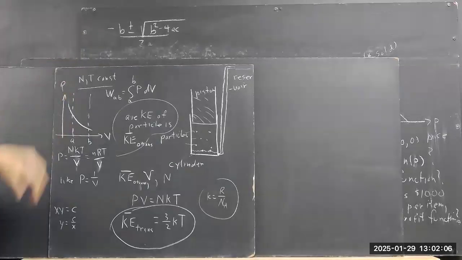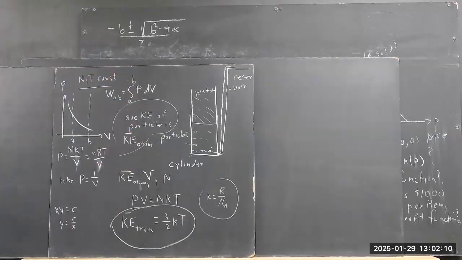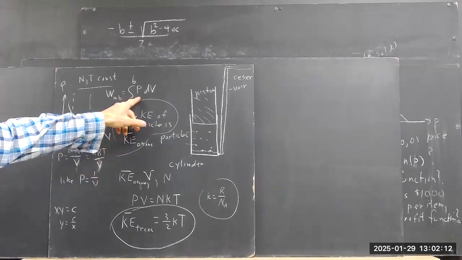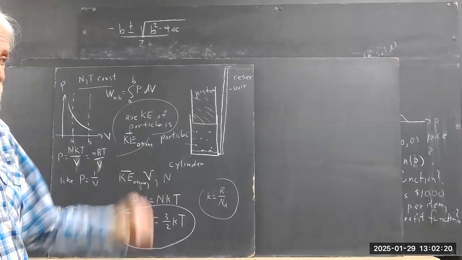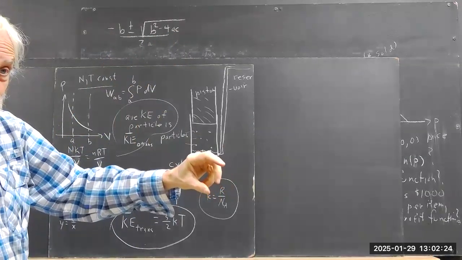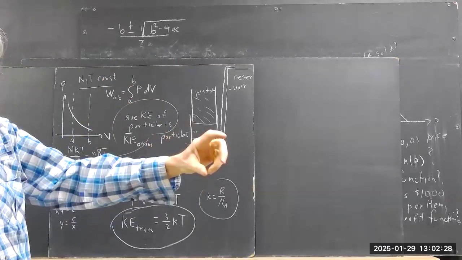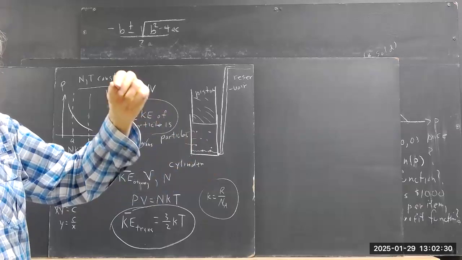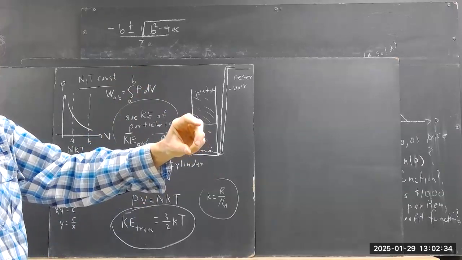Work done by the gas between volume A and volume B is the integral of pressure with respect to volume. Okay, pressure is just force over unit area. Volume, you have force over length squared times length cubed, like newtons per square meter times cubic meters, right?